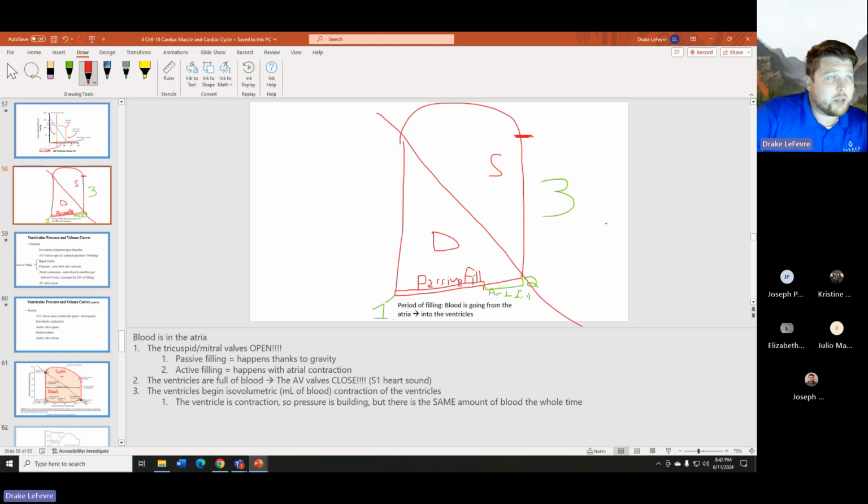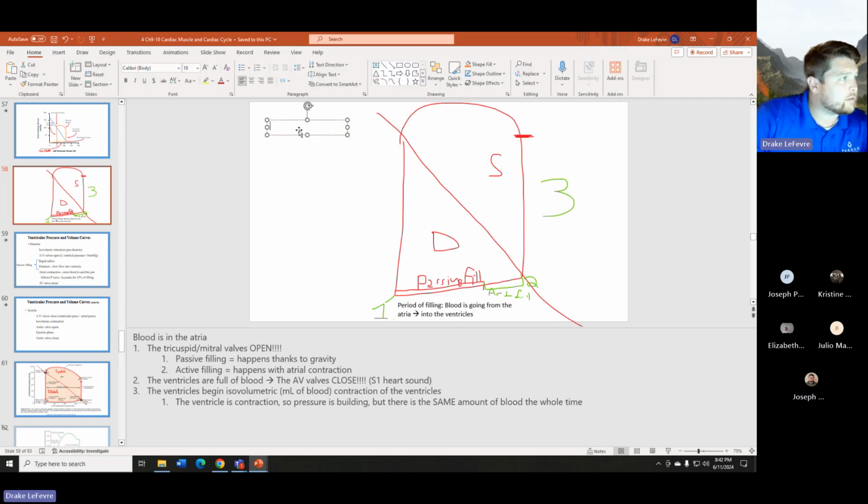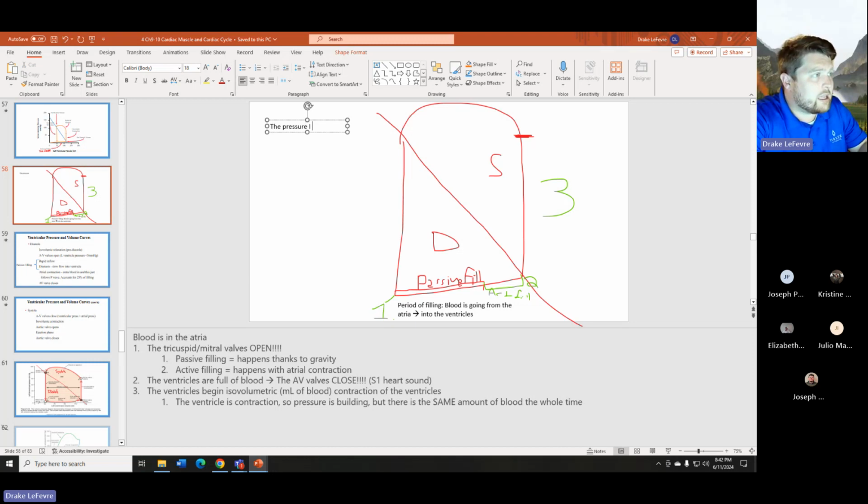Yep. So systolic blood pressure, if we look at blood pressure, we literally look at the pressure in the blood vessels when the ventricles are contracting.